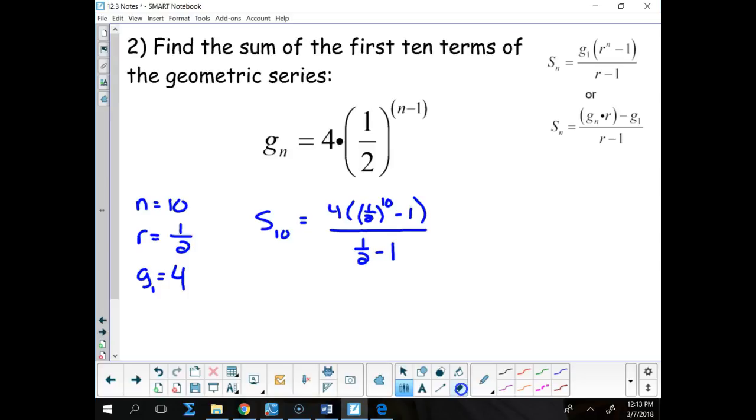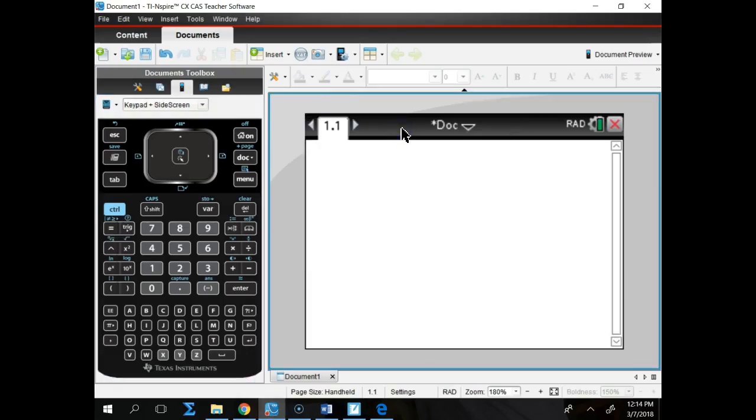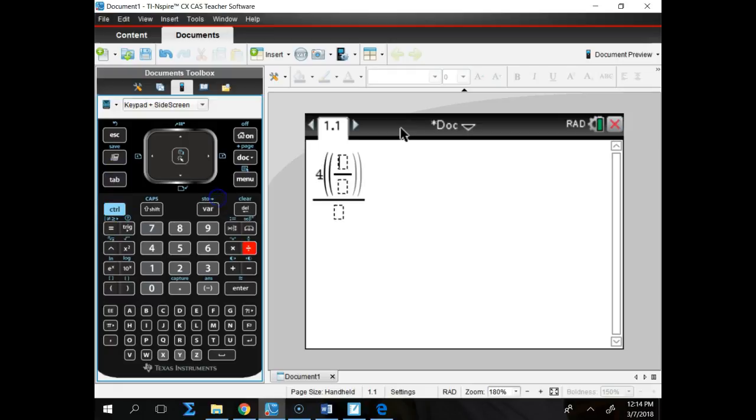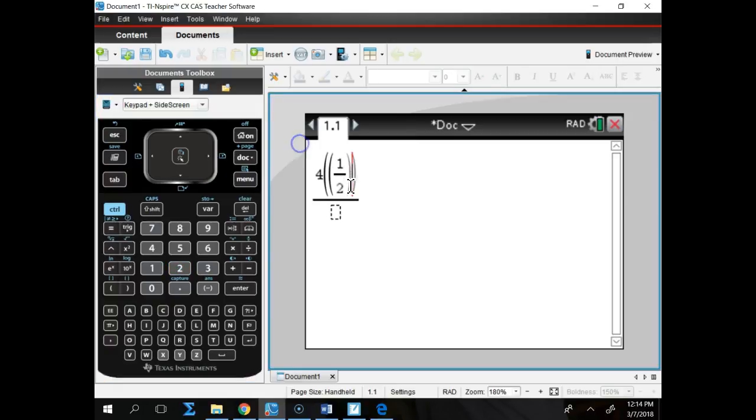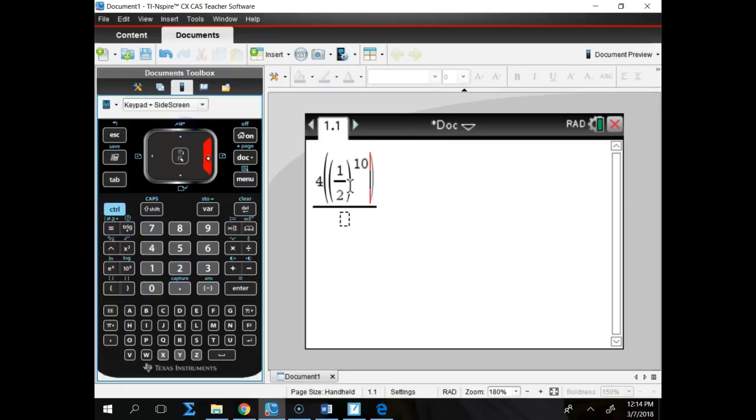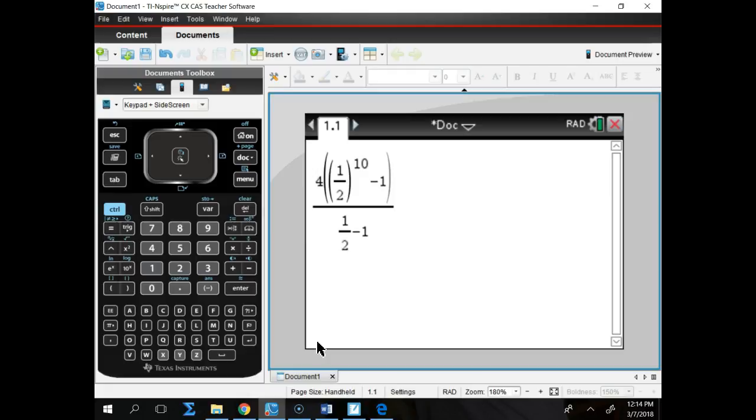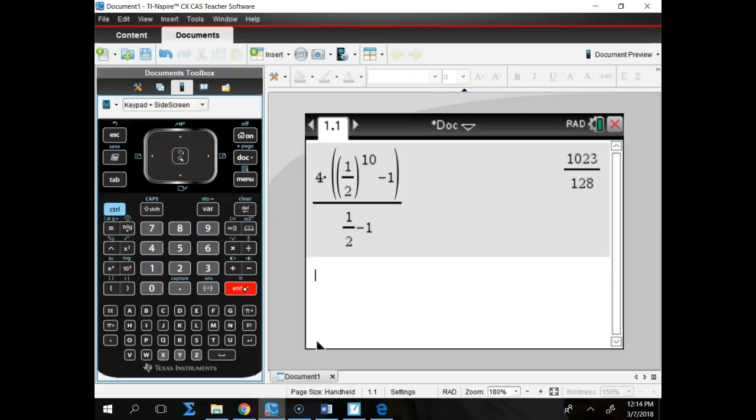If you have a graphical calculator that you can see, you could type it all in. And then you get 1023 over 128.